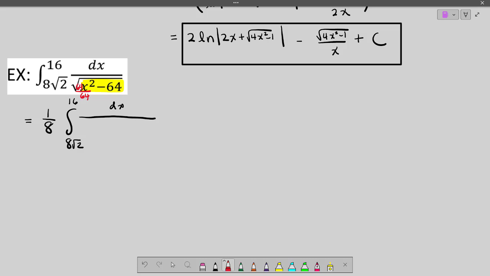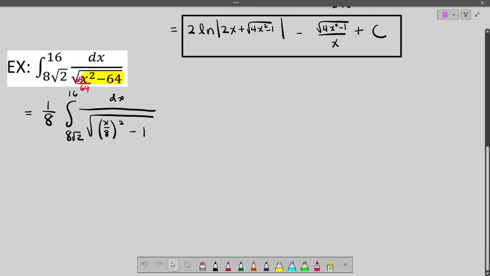We want to rewrite that first term as a single square, so that will be x divided by 8, quantity squared, minus 1. Now we have it set up. We've got a difference of squares with a trailing 1.